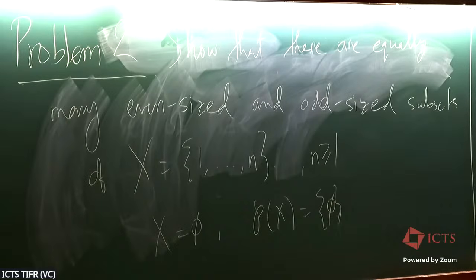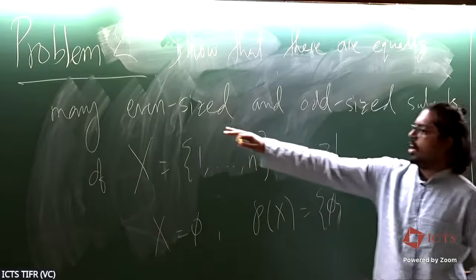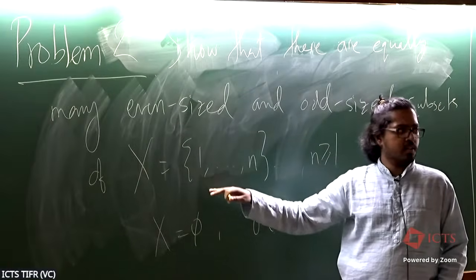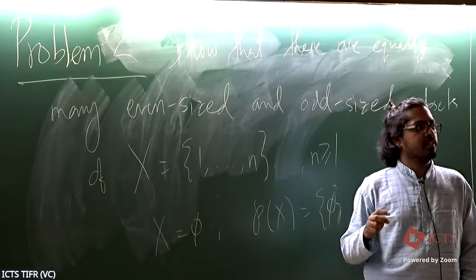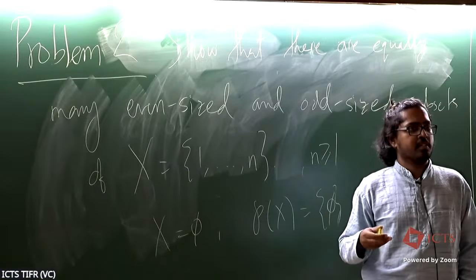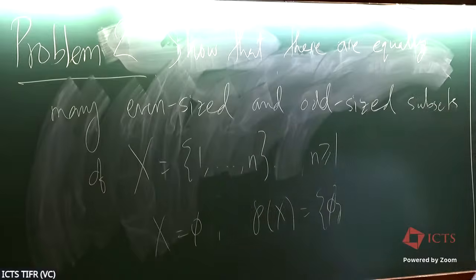Any guesses? How many are there? Let me not ask you to give a prediction immediately. How many even size subsets are there of a set of size n? Is that clear? No? Okay, maybe we should start with that then. Not an issue.